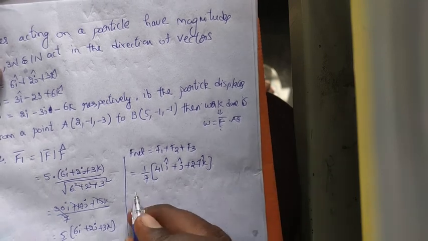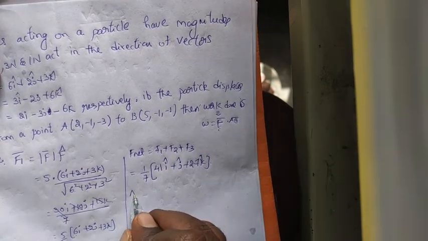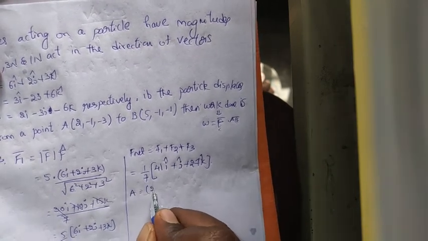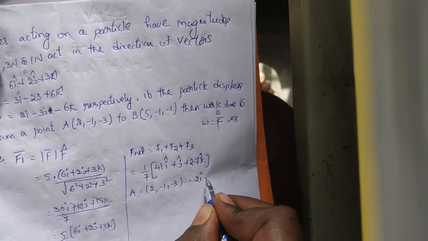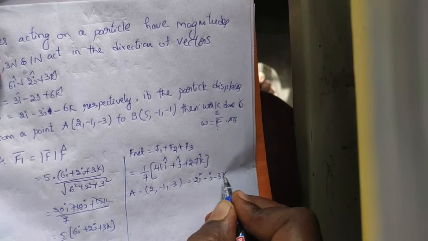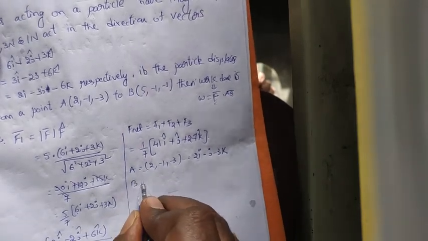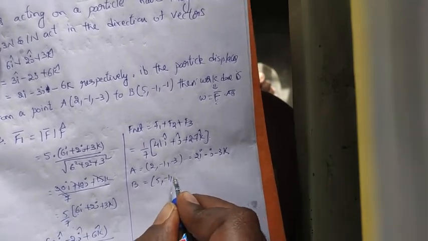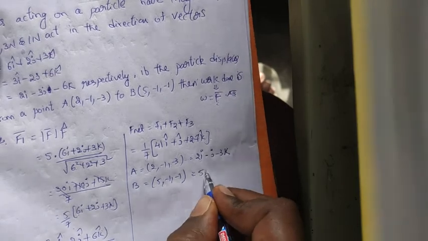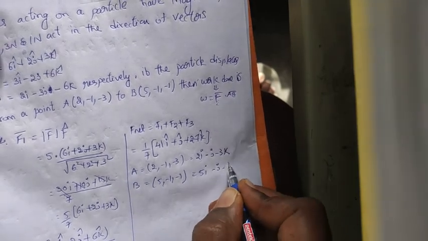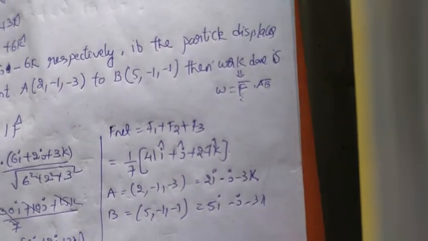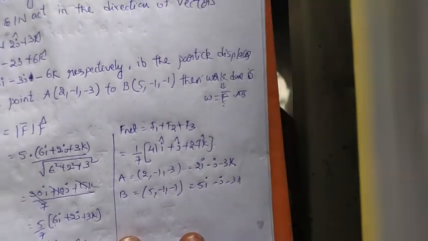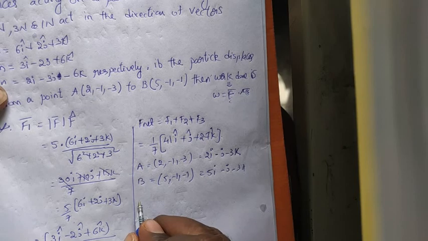Next we have to find out the displacement. A is given as 2 comma minus 1 comma minus 3. This you can write as 2i minus j minus 3k. Next B is given as 5 comma minus 1 comma minus 1. This you can write as 5i minus j minus k. Now we need to find B minus A, if you want to find the displacement.